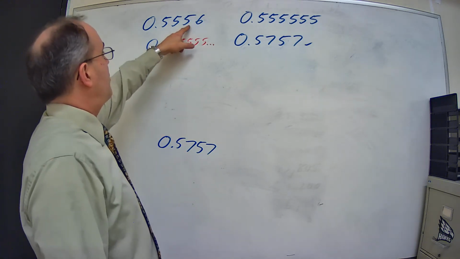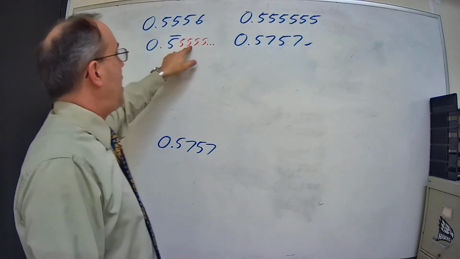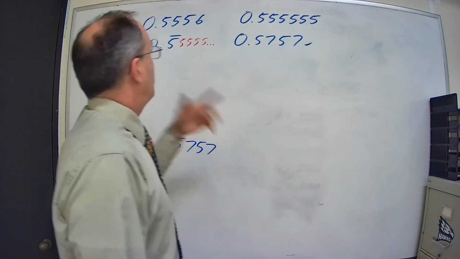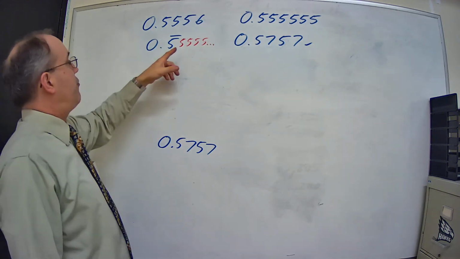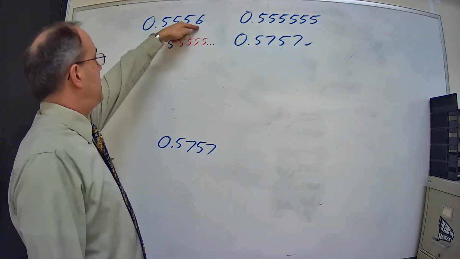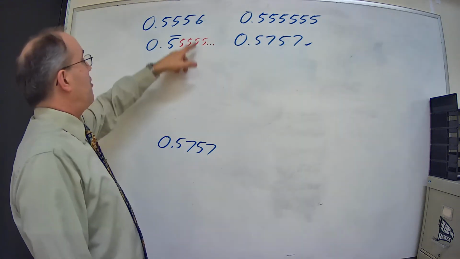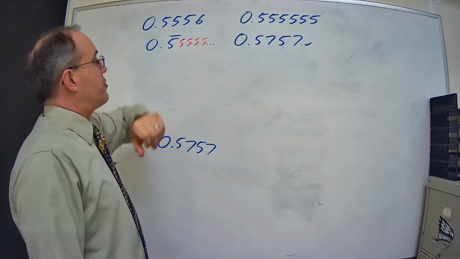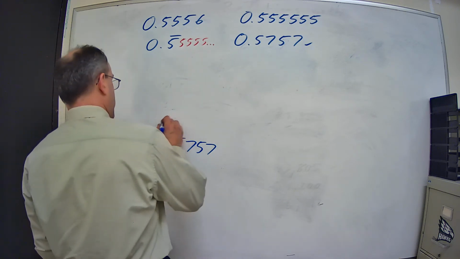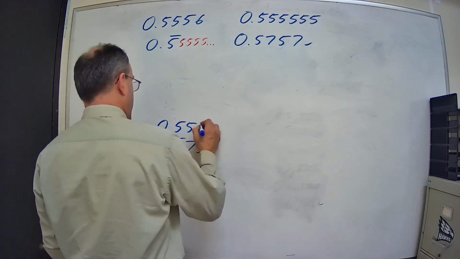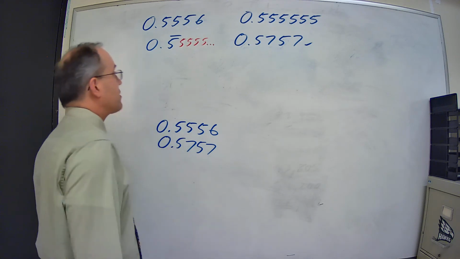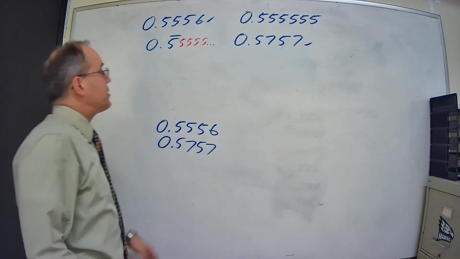So coming out to the third place, we have 5, 5, 5. They're still the same. To the fourth place, 6, 5, 5. Okay, so 6 is larger than those 5s. So we have 0.5556. So that one's been used.